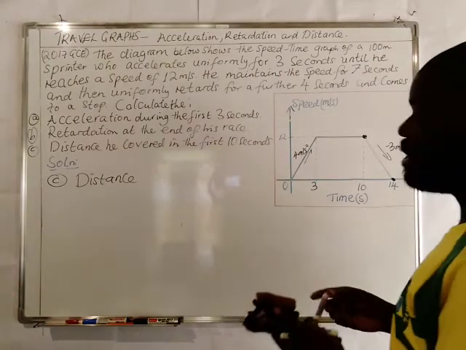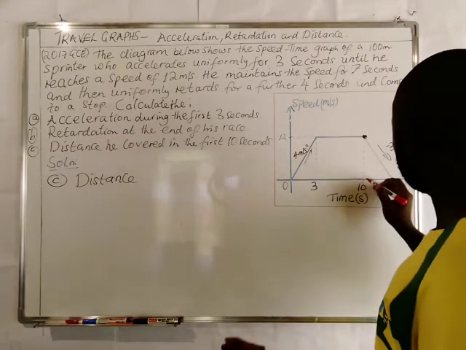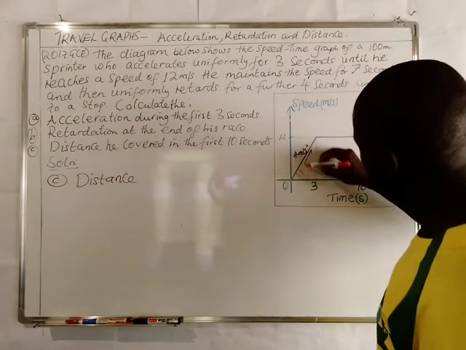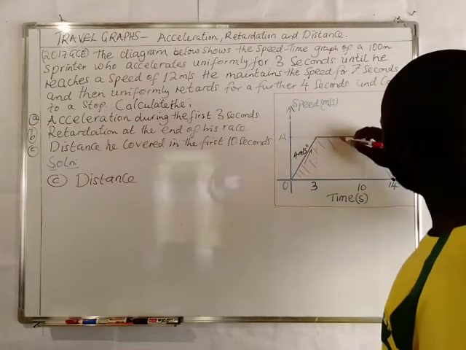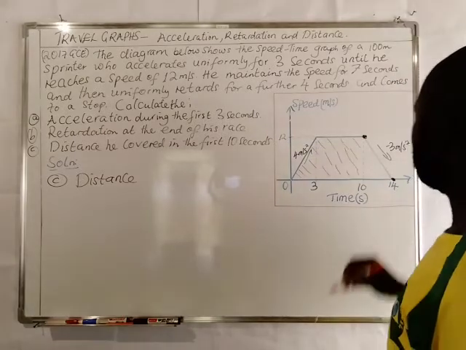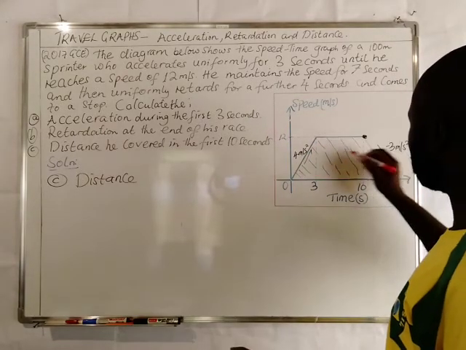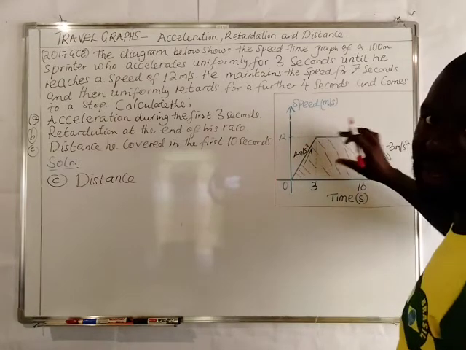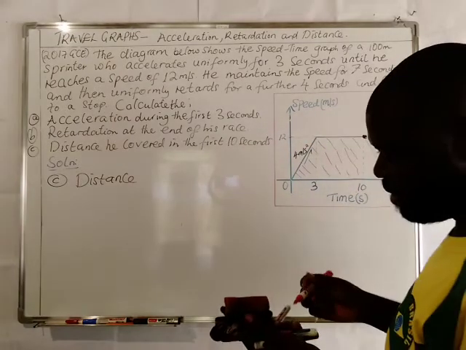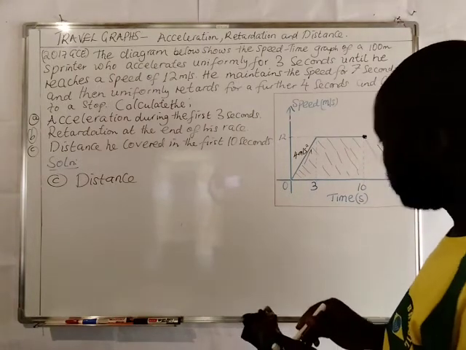So distance, we relate it to the area under a curve. You can see from 0 to 10 seconds, the area that we are looking at is this one here, the area under a curve. So the area under this curve up to 10 seconds, this area painted in red, is basically representing our distance moved between 0 and 10 seconds.